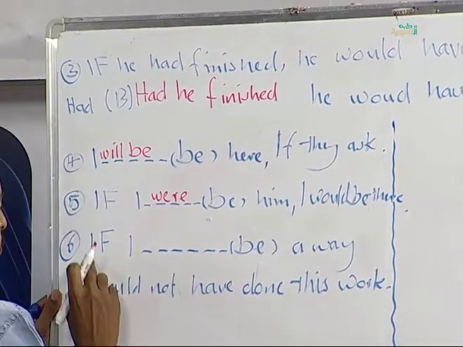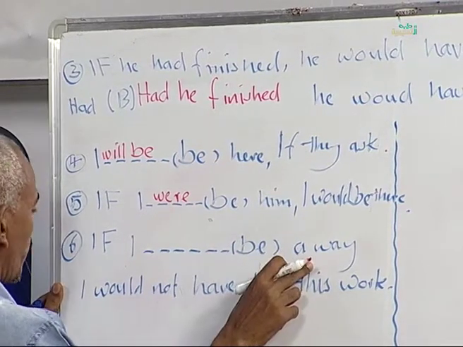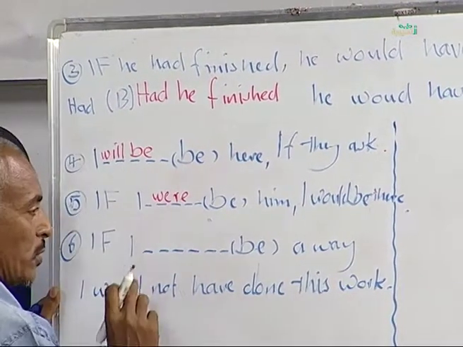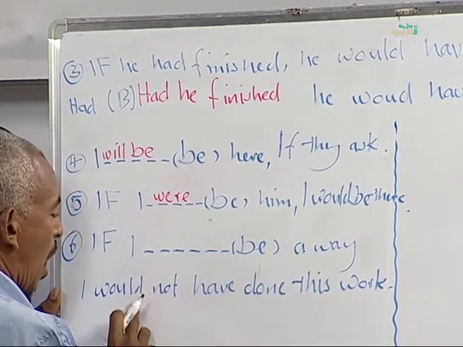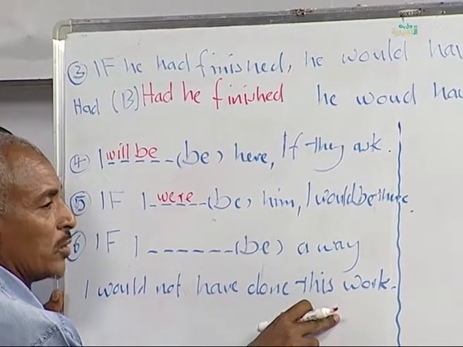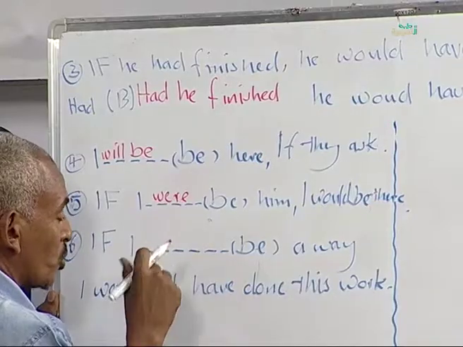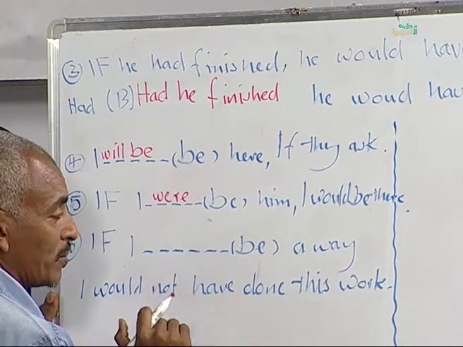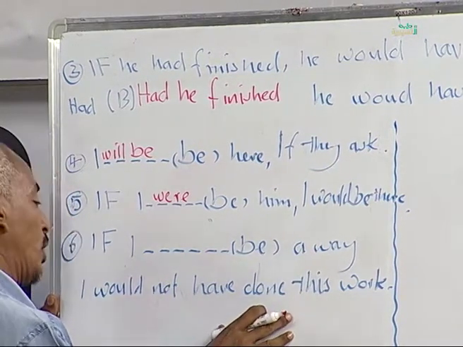Let us see the third sentence. If I dash away, I would not have done this work. This is for me. For example, you put in your mind that if I didn't come, there will not be a lesson for today.